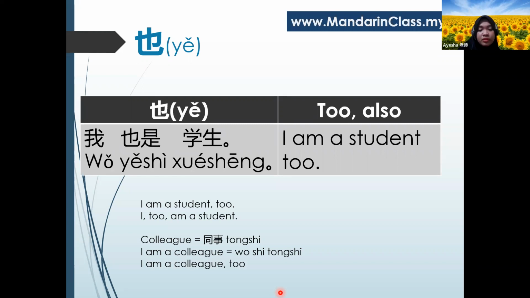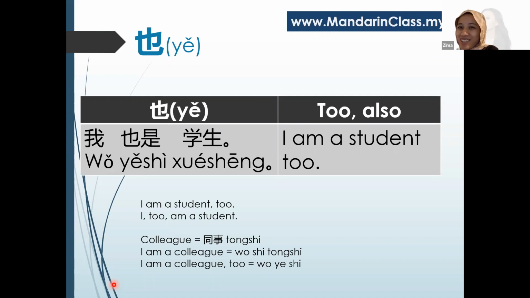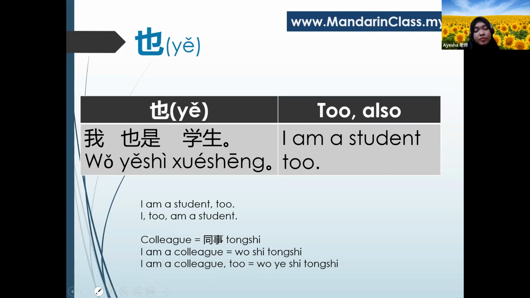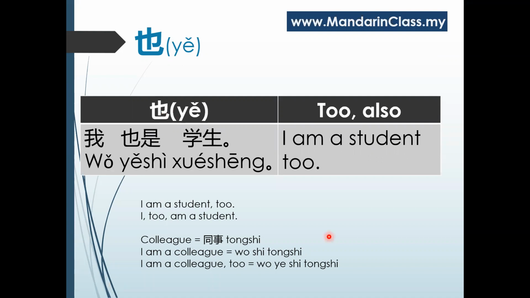Where is the subject? The subject is I. So where do you put the yeah? Behind I. 我也是同事. This is pronounced yeah, not you. Let's repeat after me. 也, very good.